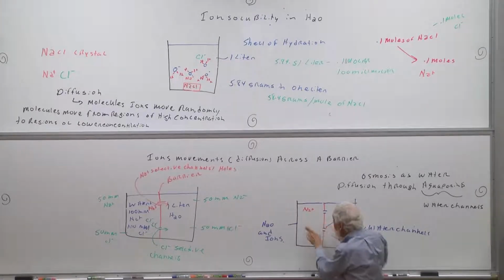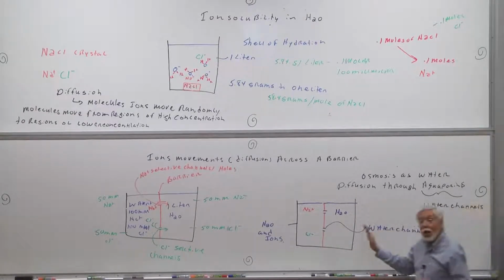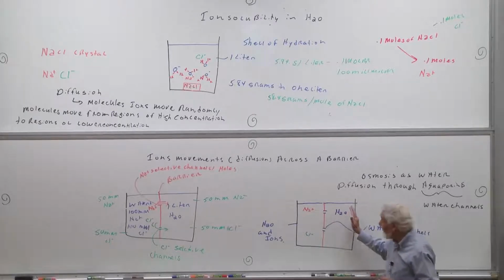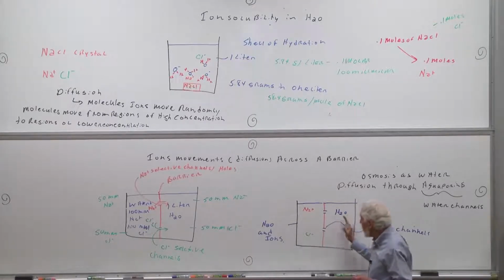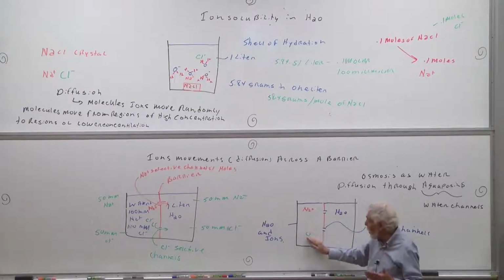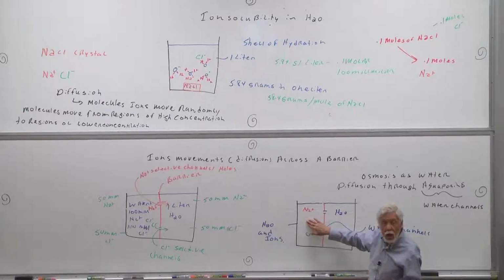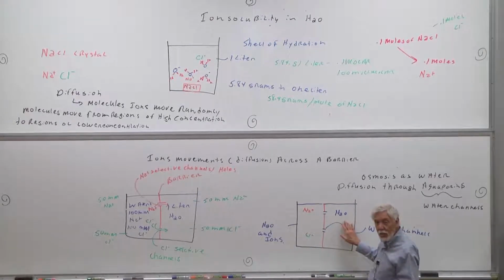On which side of this barrier is the water concentration greater? The water concentration on the right-hand side is higher than on the left because some of the volume on the left-hand side is being occupied by the sodium and chloride ions, taking up some of the space. So there's simply fewer water molecules on the left-hand side than the right-hand side.